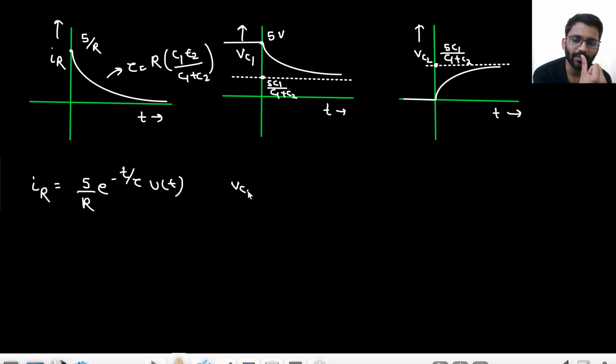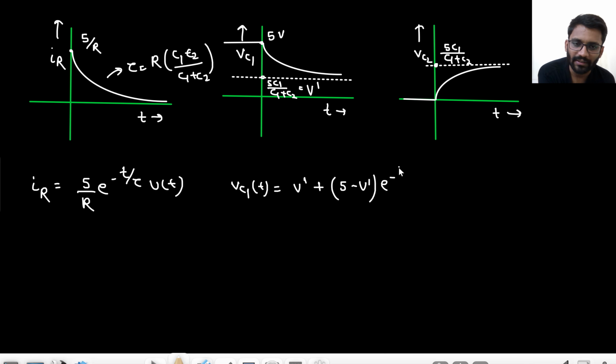So write down the equation of VC1(t). Let's just call this value as V dash, because we don't want the equation to be complex. So what is the value of VC1? That is V dash plus 5 minus V dash e to the power minus t upon tau, right?